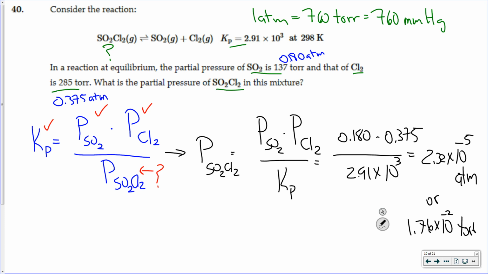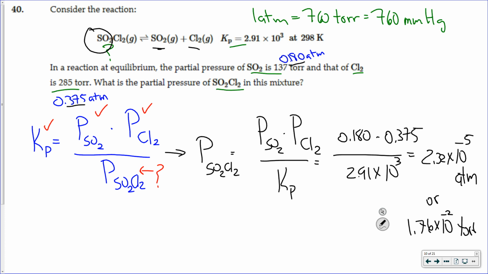Okay, let's think about, does that make sense? These were around 0.1 and 0.3, so 0.2 and 0.4 maybe. So that's these pressures. Why would it make sense that this one is so small, 10 to the minus 5th? K is high, so products are favored.